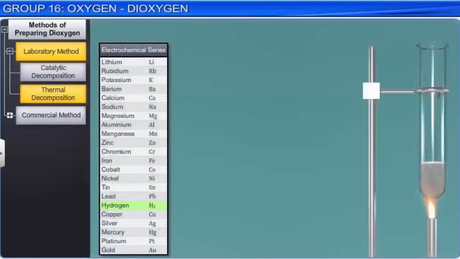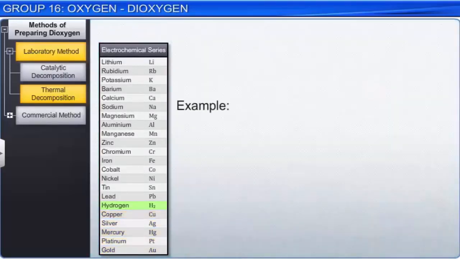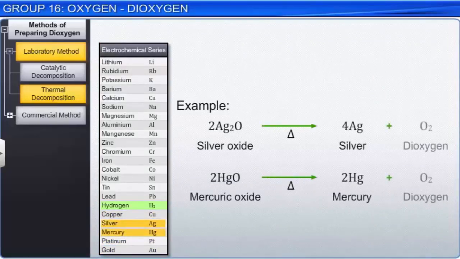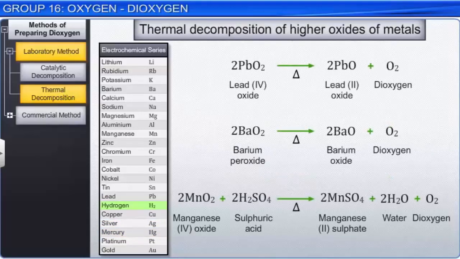The other laboratory method is the thermal decomposition of oxides of metals from the lower part of the electrochemical series. For example, the thermal decomposition of silver oxide or mercuric oxide gives dioxygen. Dioxygen may also be obtained in the laboratory by heating the higher oxides of some metals like lead, barium, and manganese.